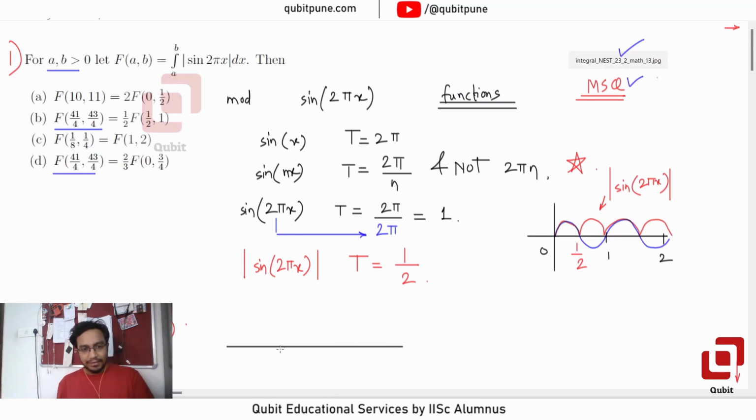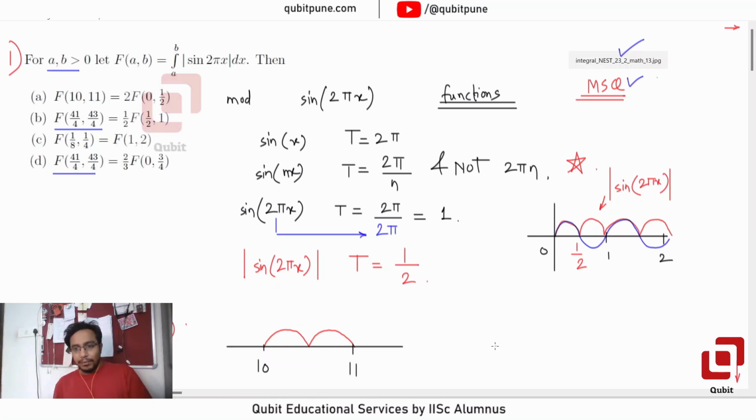If this is our 10 and this is our 11, can you tell me how many cycles of mod of sine 2πx would be there between 10 and 11? Do you agree that there will be 2 cycles? Yes. Because the time period is half, and this is a gap of 1 unit, there will be 2 cycles.